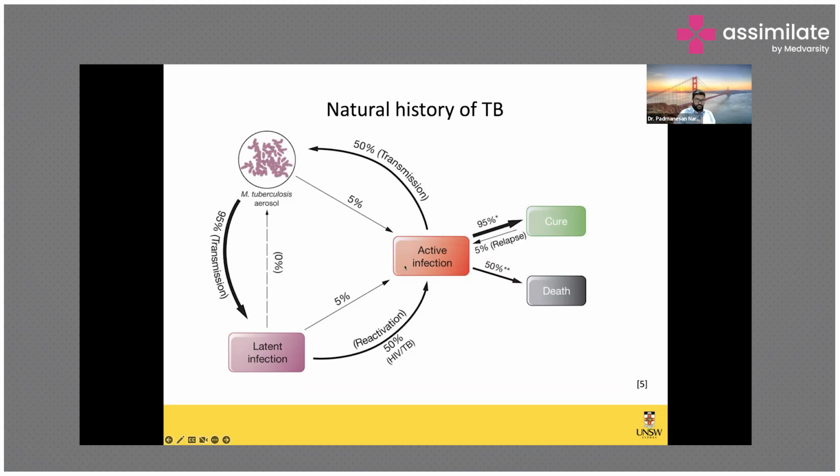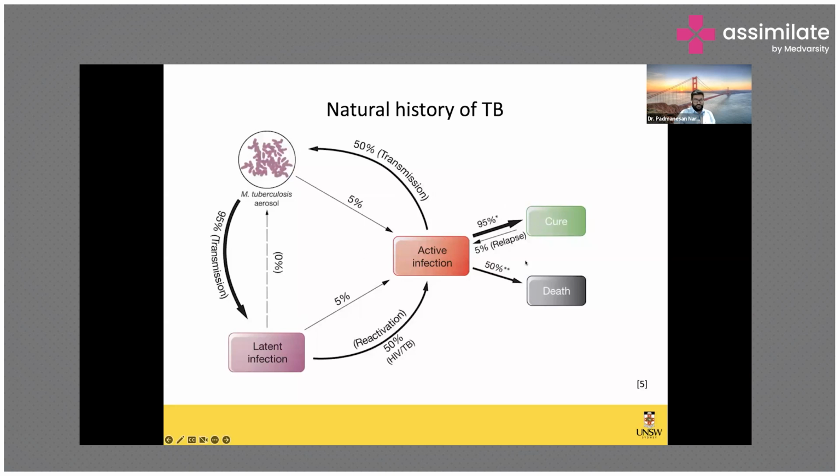And imagine this. If you have active TB disease, and if you don't treat people, 50% of them will die. So that's an important point you have to remember. The next important thing is, if you treat someone with active TB disease, 95% of them will get cured. So that's amazing to know that all you have to do is diagnose people with TB and give them appropriate treatment, and 95% of them will be cured.